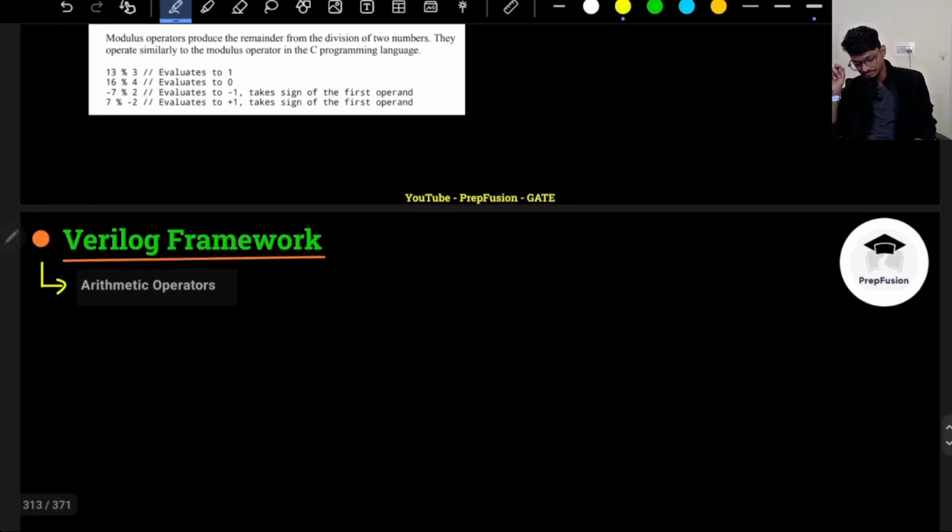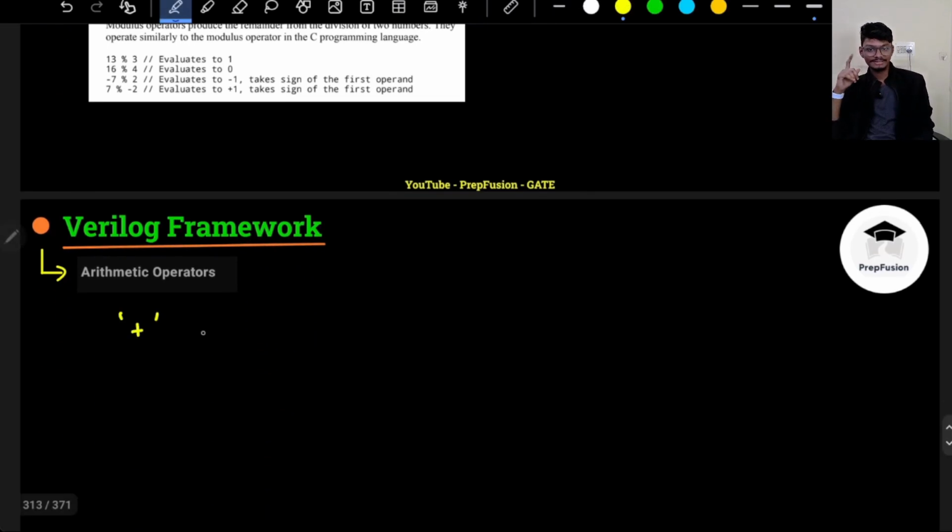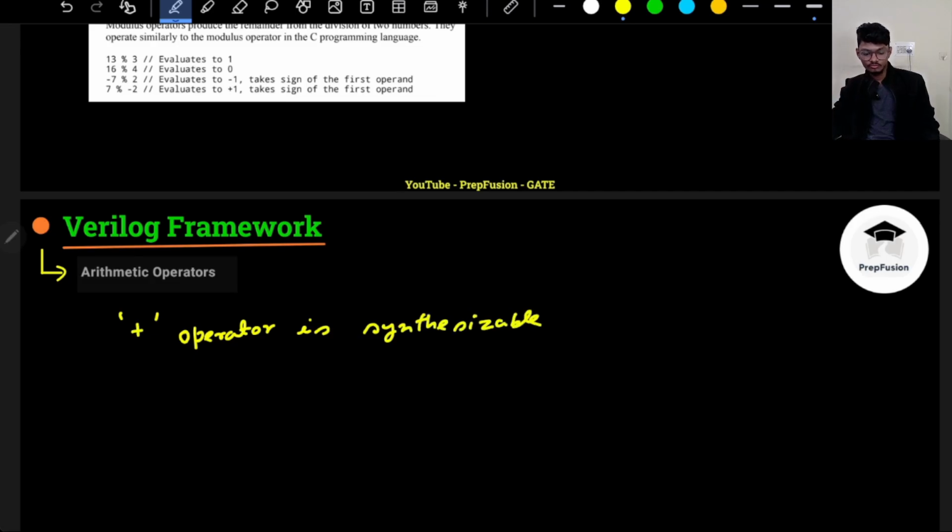So the plus operator is synthesizable. We have already modeled an adder, so of course you know the plus operator is synthesizable in hardware. You already know this, right? The negative operator is again fully synthesizable.